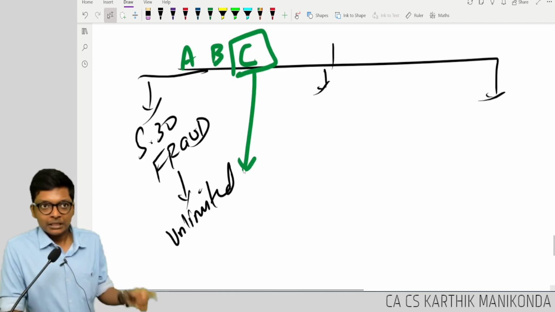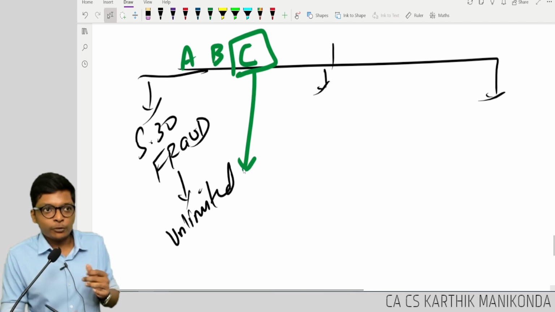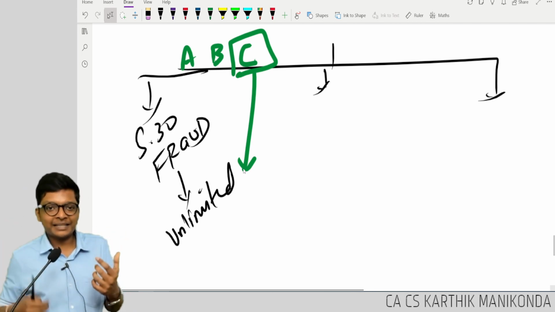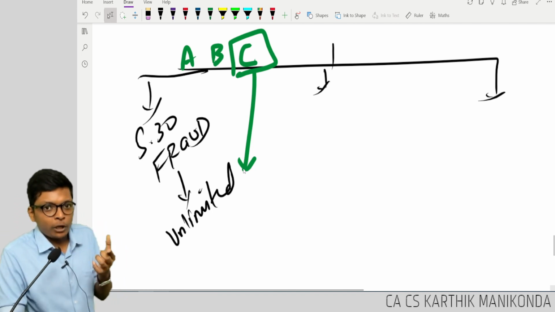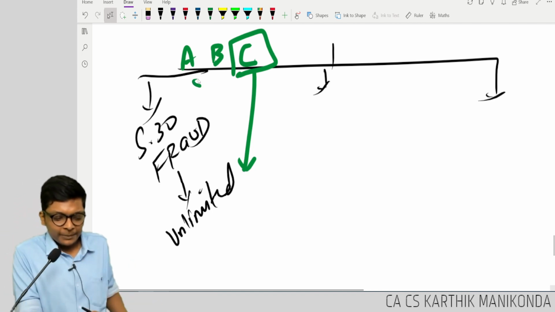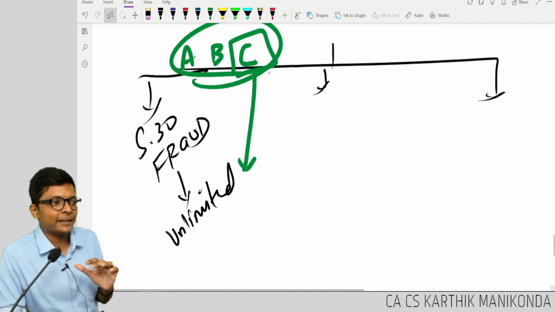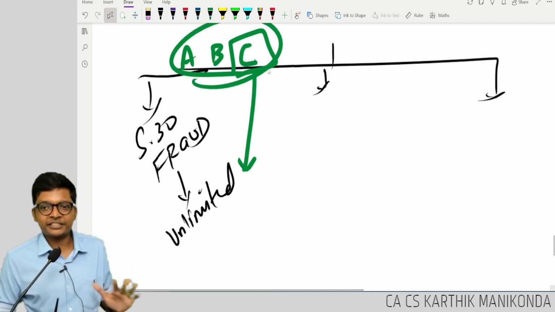Only C's. This is not partnership. Partnership only has the concept of mutual agency: if one person does, everybody is liable. Here, the person responsible, first I'll make everybody prove they have no connection. Then who is responsible? Liability becomes unlimited. That is section 30.